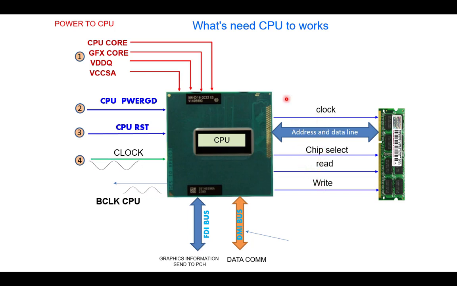So you can use these signals to check whether the CPU is working or not. In the next few slides, we'll see all this testing information about the CPU: if the CPU is dead, which important signals we have to check, and if there is no display, which important signals we have to check. Okay, this is the basic overview I gave about the CPU.